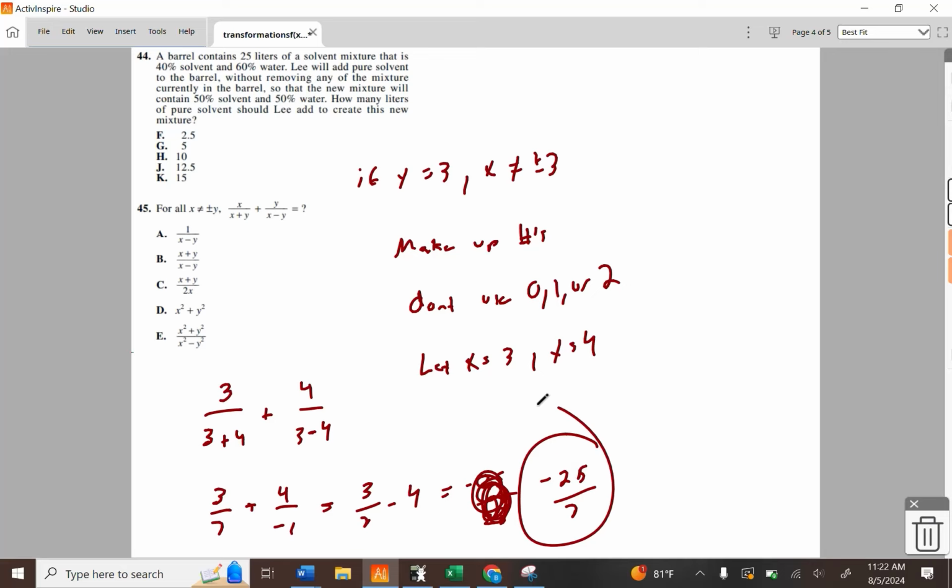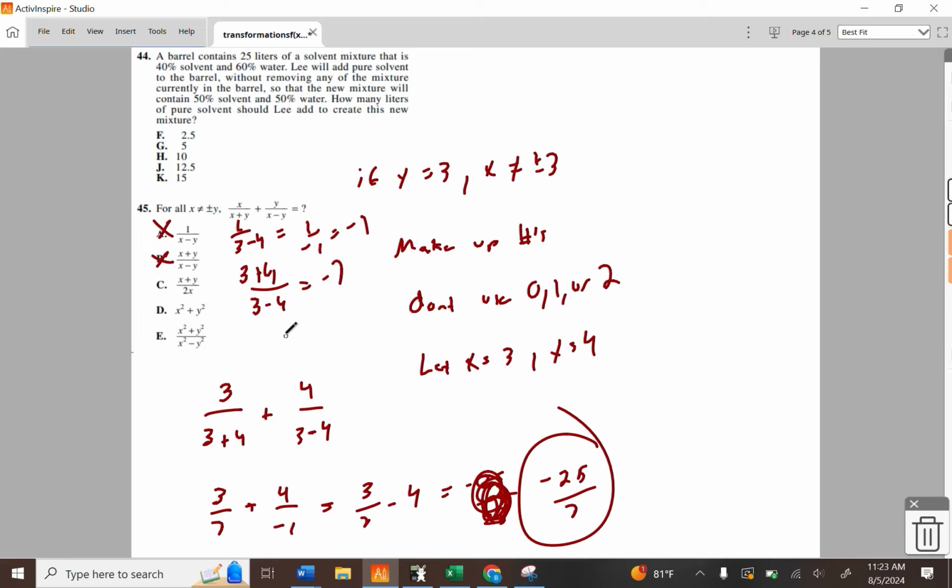So what I'm going to do now is check against the answer choices. If I do this one, this would be 1 over 3 minus 4, which is going to be 1 over -1, which is -1. Obviously, right? If I go to the next one, I'd have 3 plus 4 over 3 minus 4. This is what, -7?